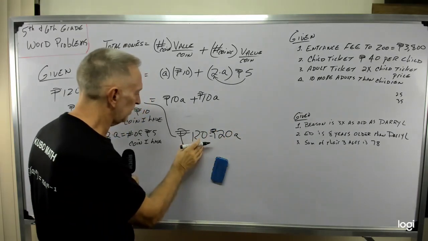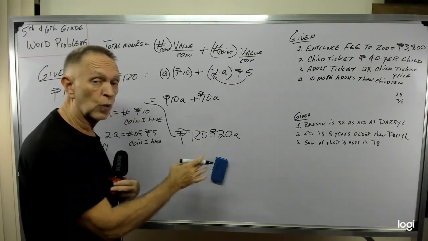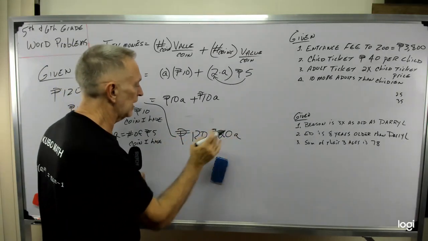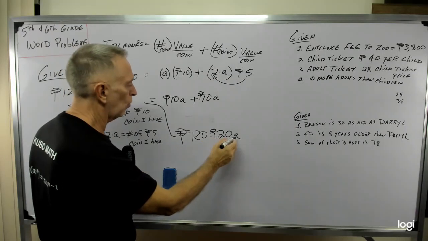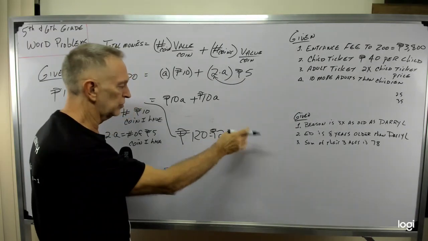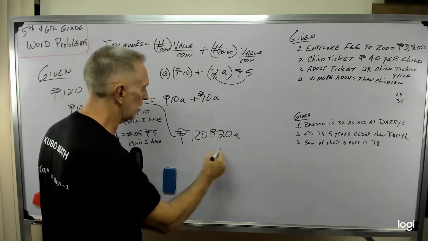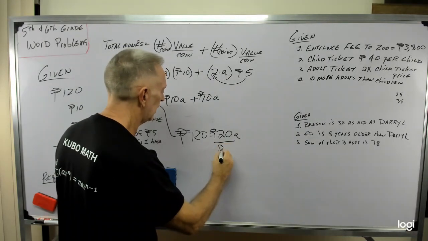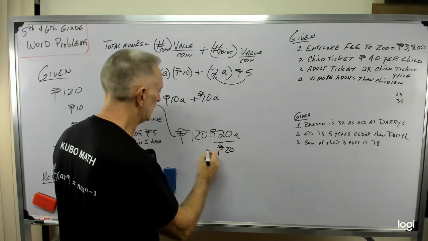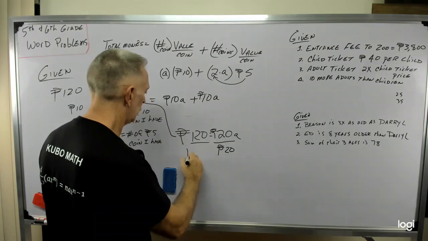So 120 pesos equals 20 pesos times A. Well, I don't want to know what 20 pesos times A is. I just want A. So let me divide both sides by 20 pesos.